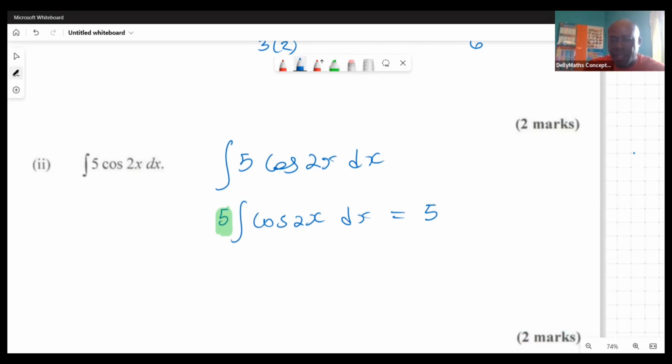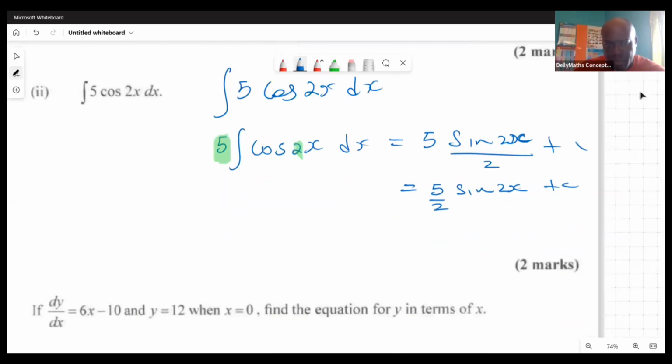The integral of cos is going to be sine, so it's going to be sine of the same angle. And then ordinarily, you would have multiplied by the 2, so in the integral, you'll divide. So this becomes divided by 2. The final response is 5 over 2 sine 2x, and there's a plus c. Right? So there you go. That's the integral of that.